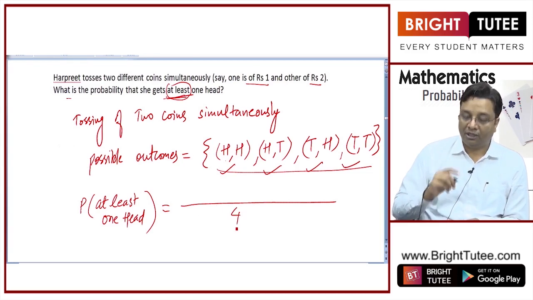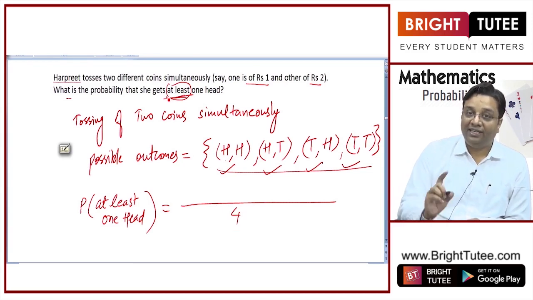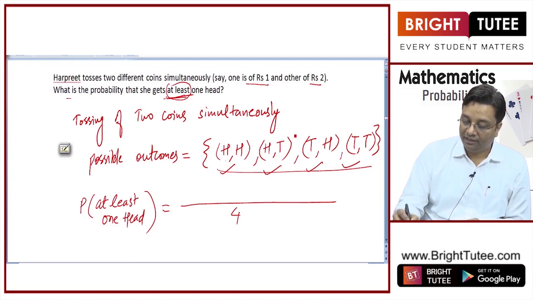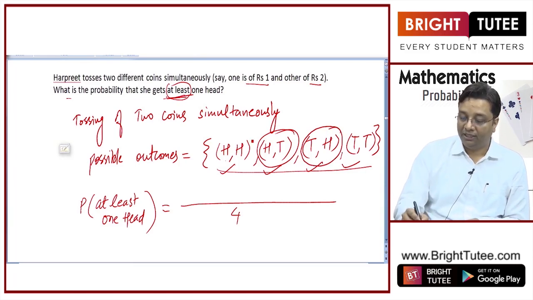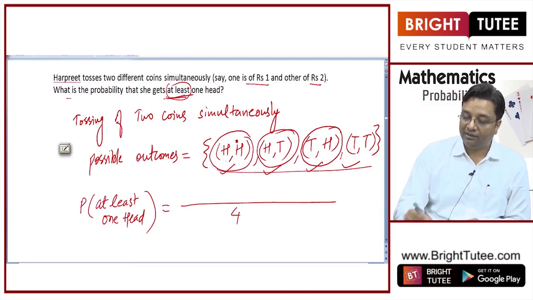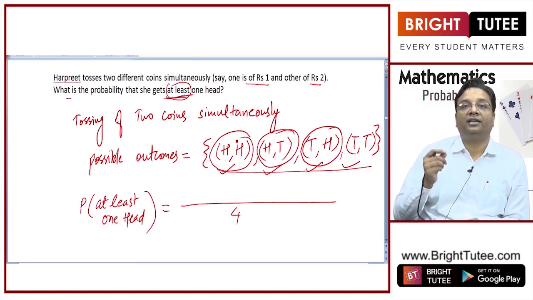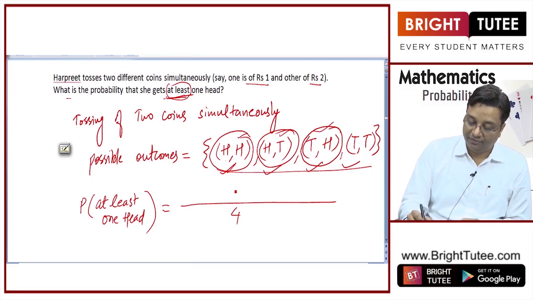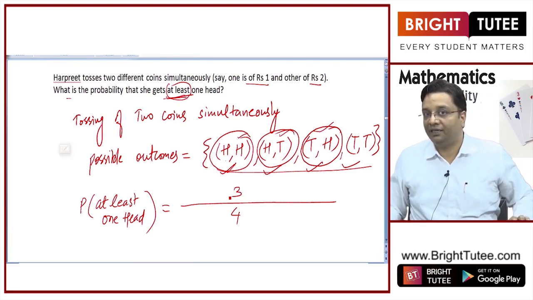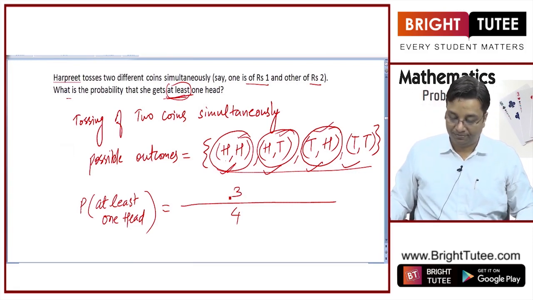What are the favorable outcomes? There is one head in this outcome, this is favorable. There is one head in this outcome, so this is also favorable. Now there are two heads in this outcome. Is this favorable? Yes, because we are talking about at least one head. So it satisfies our condition. So there are three favorable outcomes here. So probability of getting at least one head is 3 by 4.